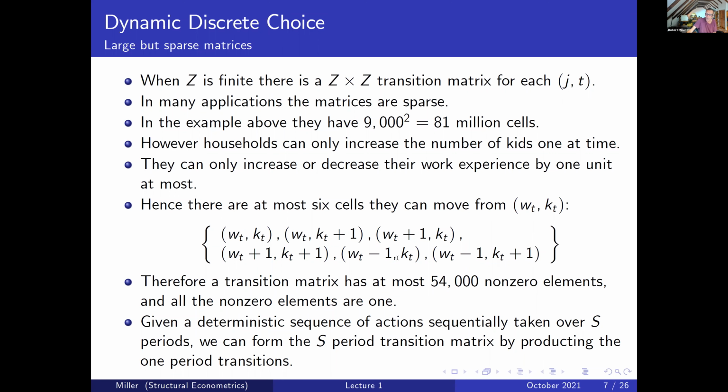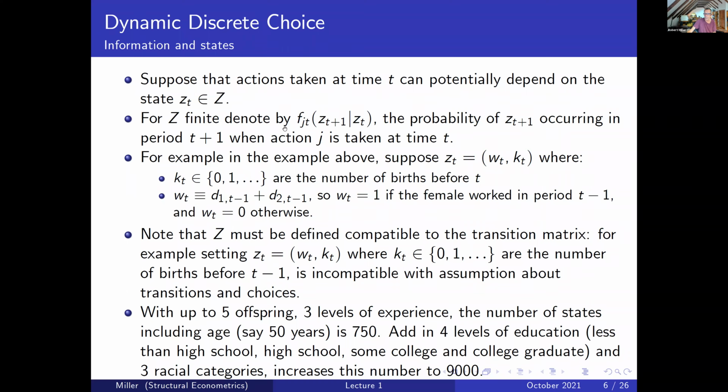And of course, once you've got a transition matrix, just to go back here, once you've got this transition matrix, okay, you can ask, well, what will happen after 2 periods if I take action J in period T and action K in period T plus 1?